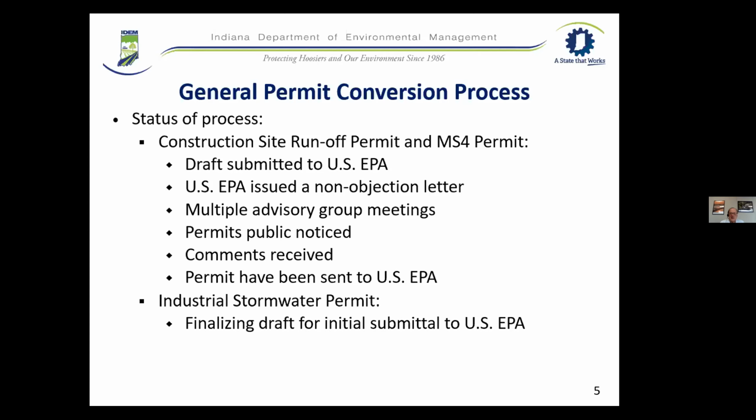Once we finalize that draft, we're going to submit it to EPA and go through the same process that I described for construction and MS4. It's been a lengthy process. The MS4 permit, going through all these processes, has taken up to a couple of years.